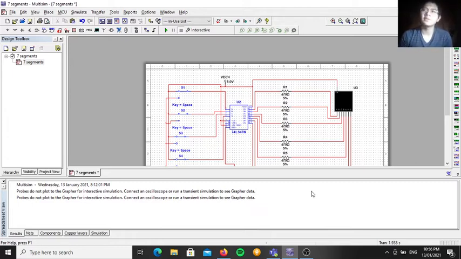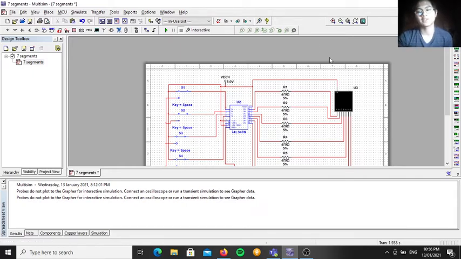The best way to see how this IC functions is to connect it to the 7-segment LED display. The 7-segment display required for the IC is a common anode type.